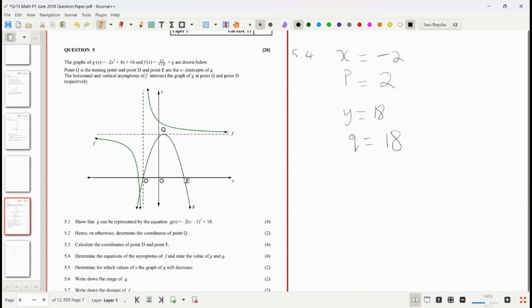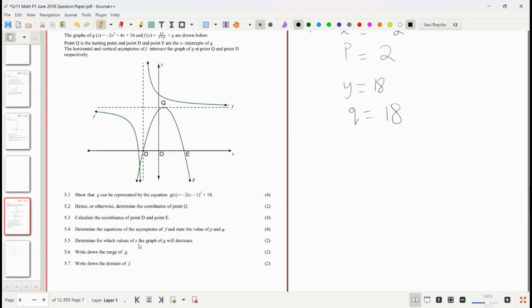right? So we need to determine the values of x for which the graph of g will decrease. If we check the graph, these are your negative values for x, right? So remember, you always move from negative to positive.